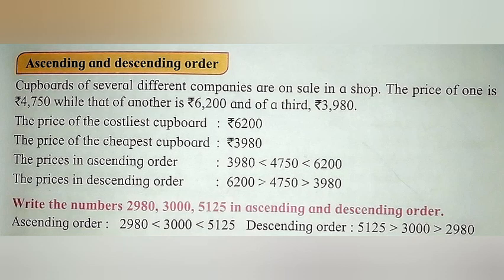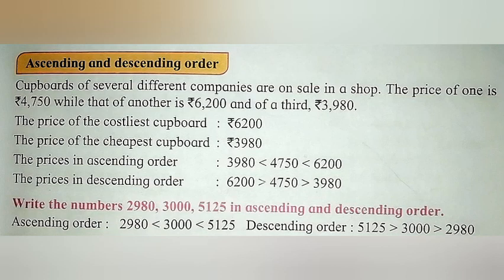The price of one is 4,750, while that of another is 3,200 and the third is 3,980. The price of the costliest cupboard is 6,200. Now the biggest price from all these prices was 6,200. The price of the cheapest cupboard was 3,980. The lowest price is 3,980.